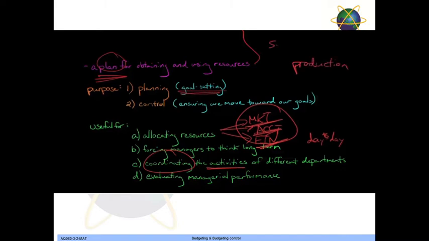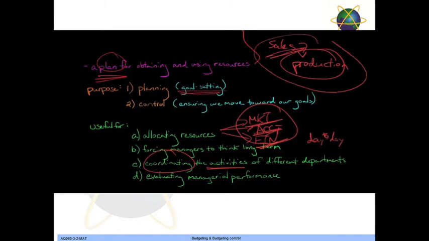So the sales department is actually going to come up with a forecast and tell the production department, here's how many units we think we're going to sell, and now they're coordinating their activities because the production department has a guide of, oh, okay, here's what we need to do. Here's what amount of units we think are going to be sold next quarter. So the budgeting process is coordinating the activities among these various departments.